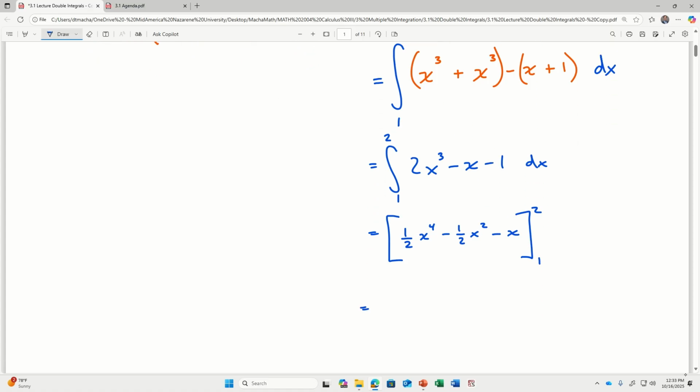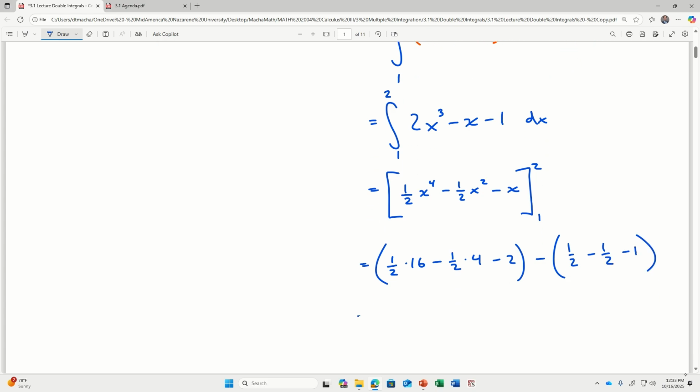And then you plug in your 2's, and then you subtract and plug in your 1's. And we get something like 8 minus 2 minus 2 minus a half plus 1. So those cancel. 8 minus 4 is 4 plus 1 is 5.